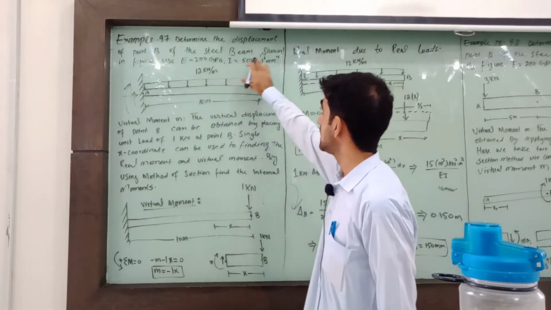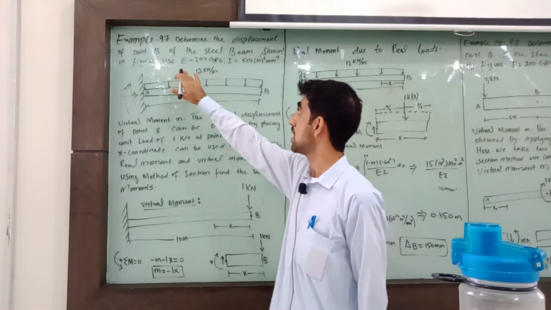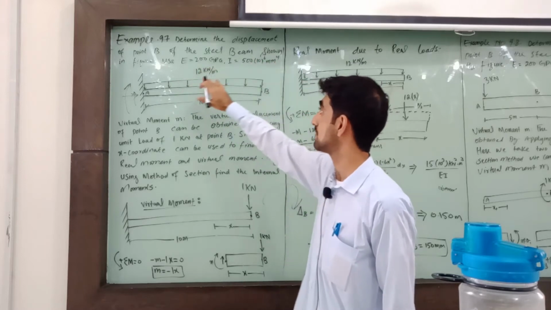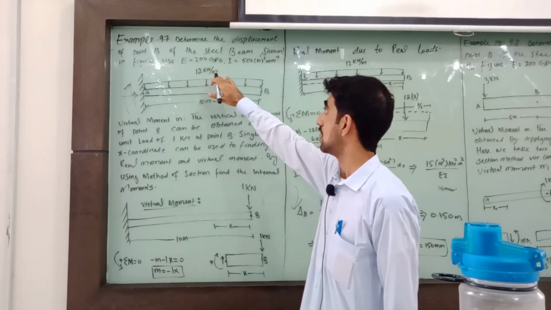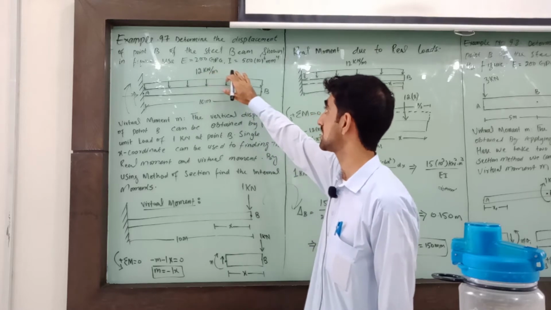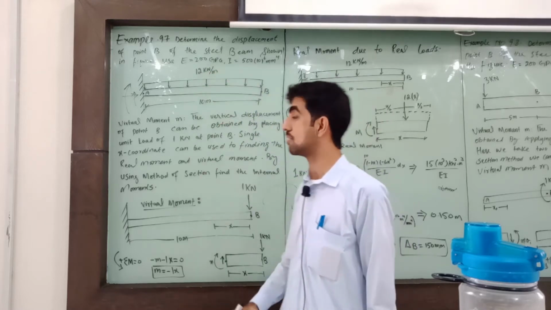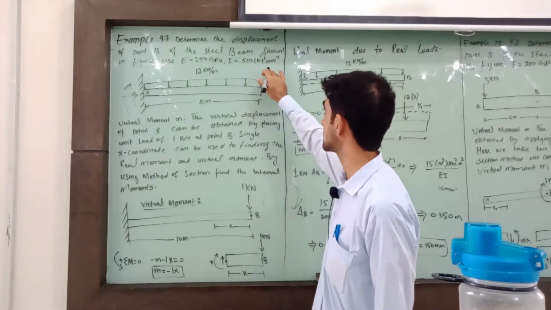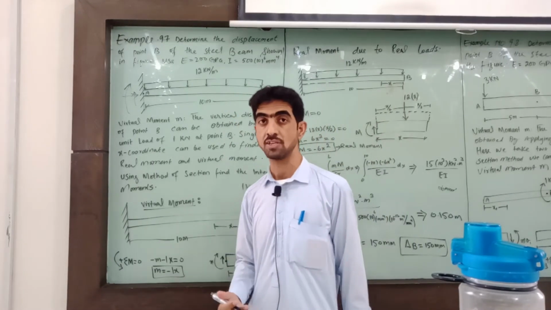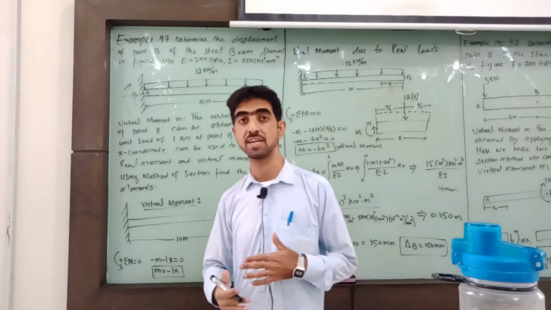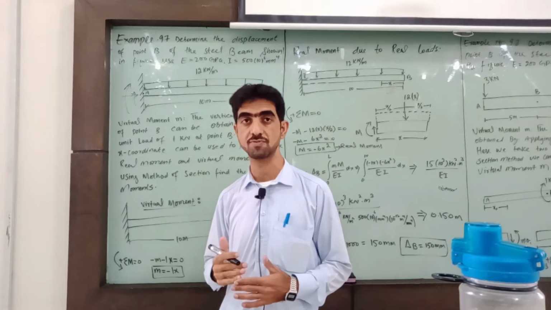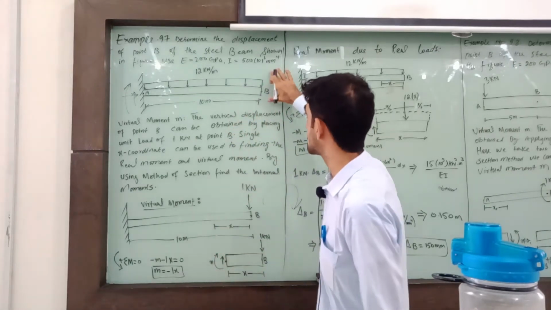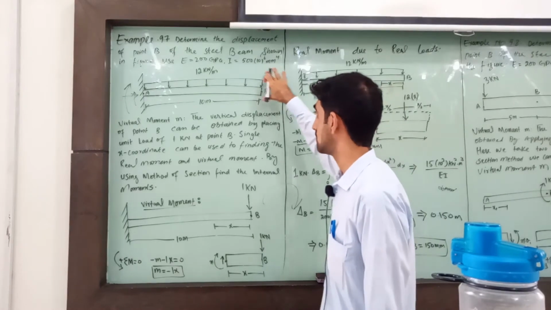Use modulus of elasticity 200 gigapascal and moment of inertia 500 times 10 to the power 6 mm to the power 4. So modulus of elasticity and moment of inertia are given in this problem. Next you can see the diagram.